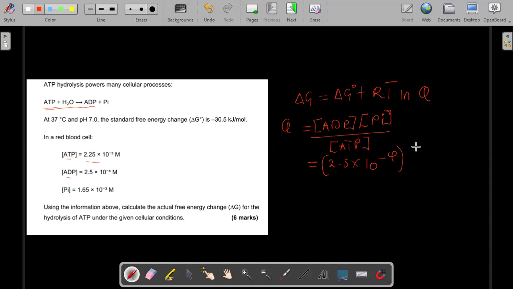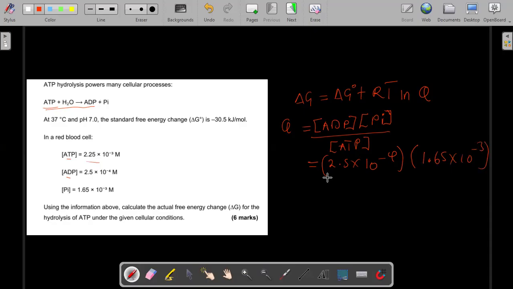This is multiplied by the concentration of our phosphate group, the phosphate group that is left, which has a concentration of 1.65 times 10 to the power -3.